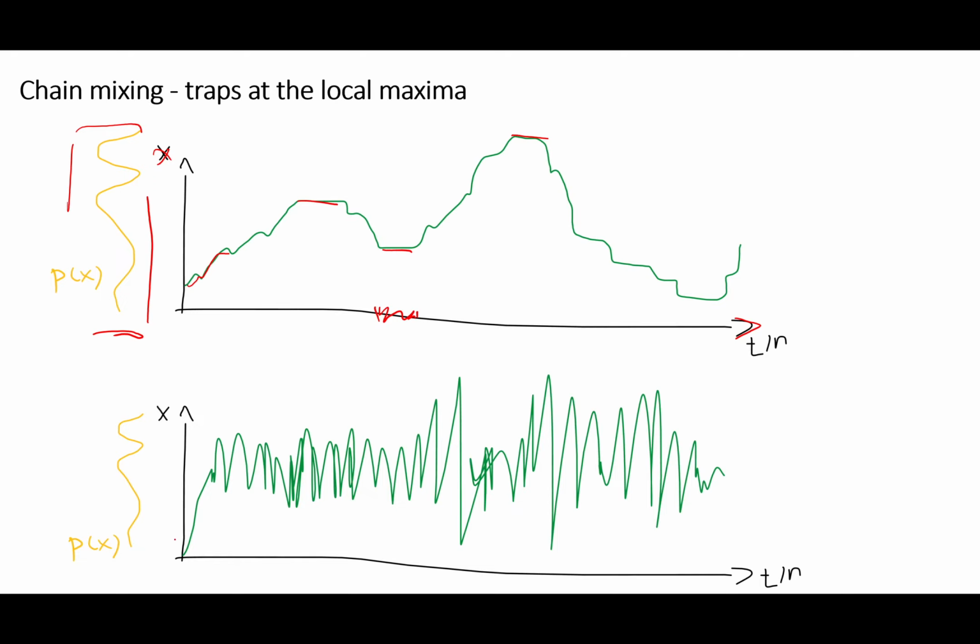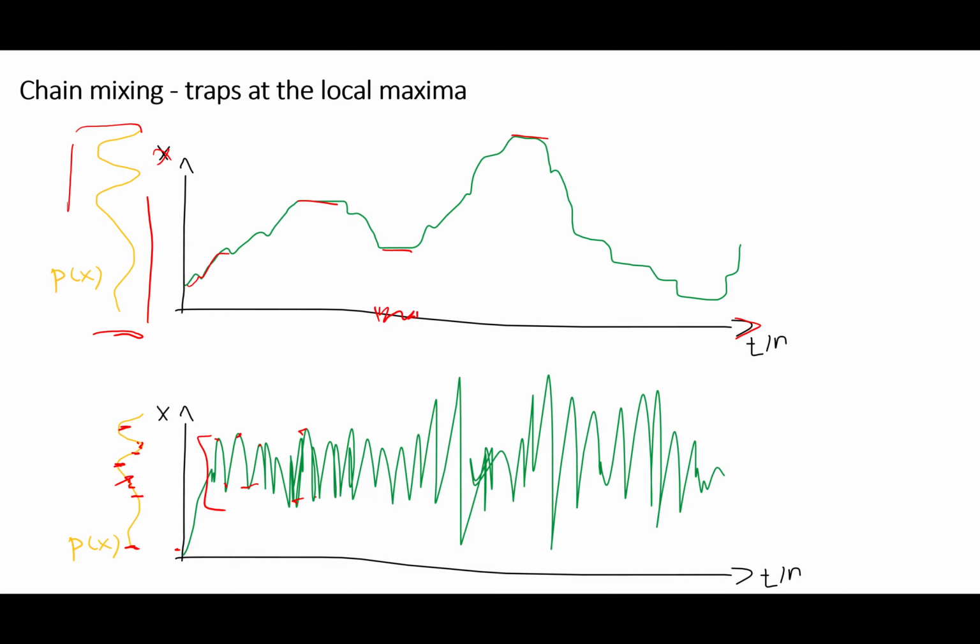So I started here, so here it was my first point, and then I quite fast move into this main area, and now I'm sampling, exploring the entire distribution, and then I'm being stuck at the most prominent values. So I stuck here a lot and here a lot.